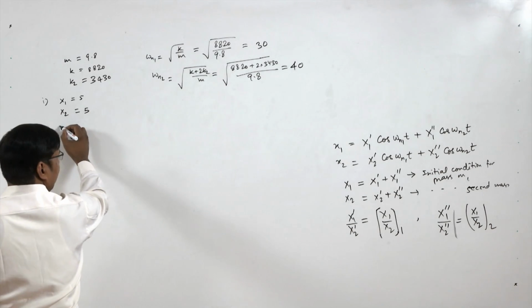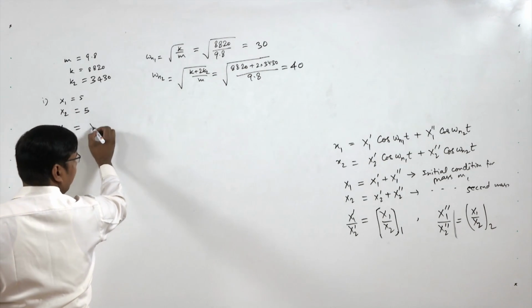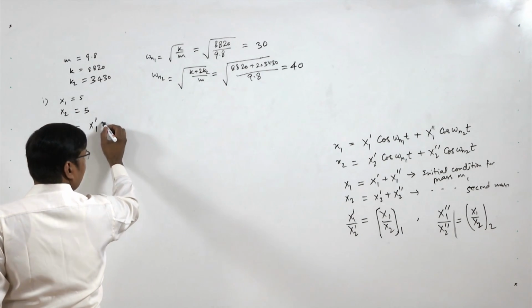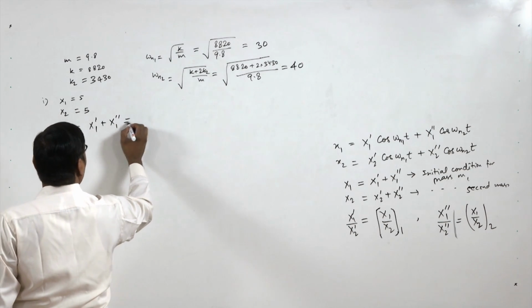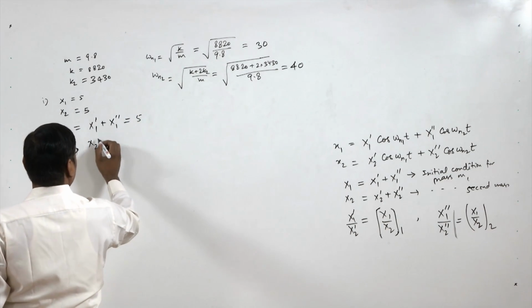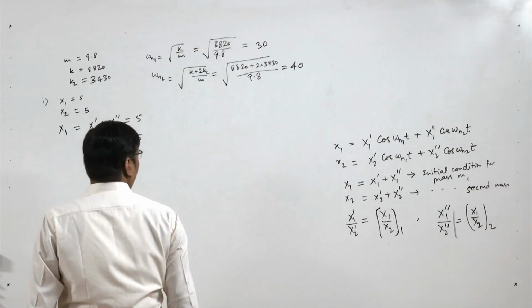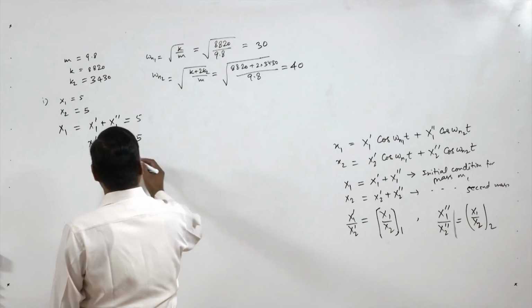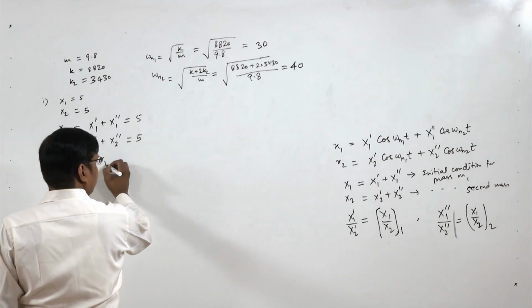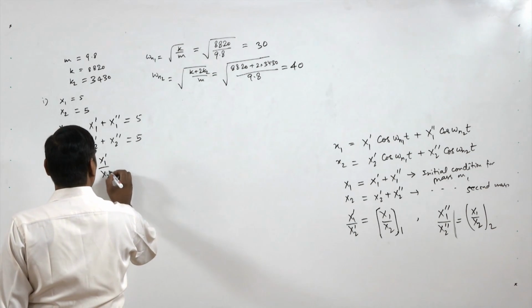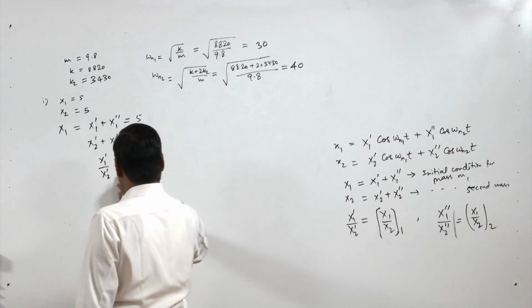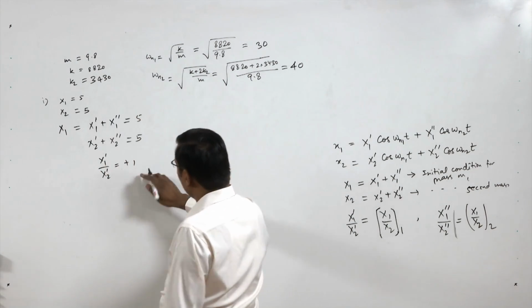Now, we have x1 equal to x1 dash plus x1 double dash equal to 5 and x2 dash plus x2 double dash equal to 5, and we know the first mode shape: x1 dash by x2 dash equal to plus 1, corresponding to the first natural frequency.